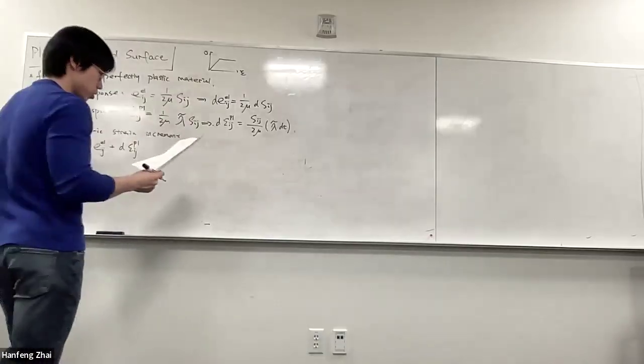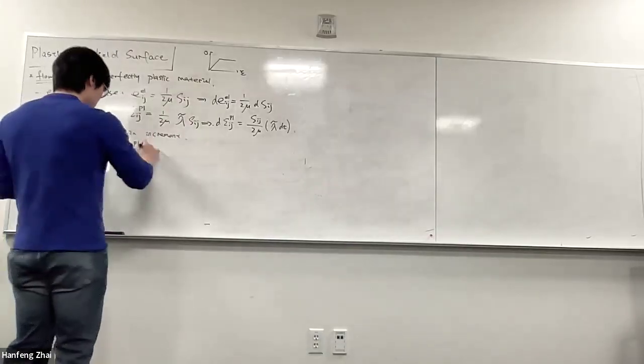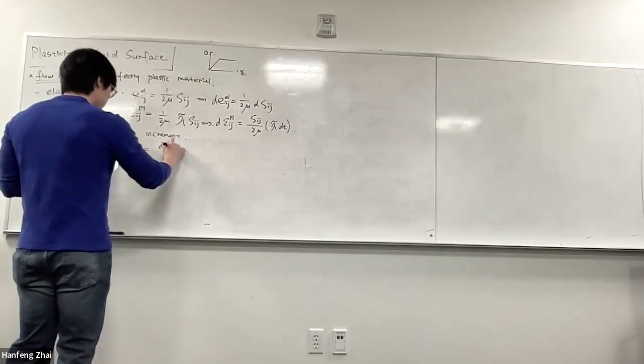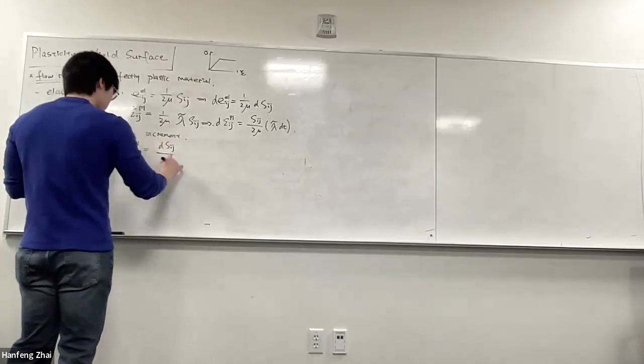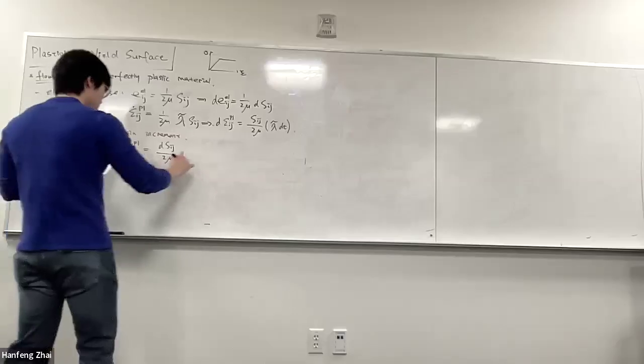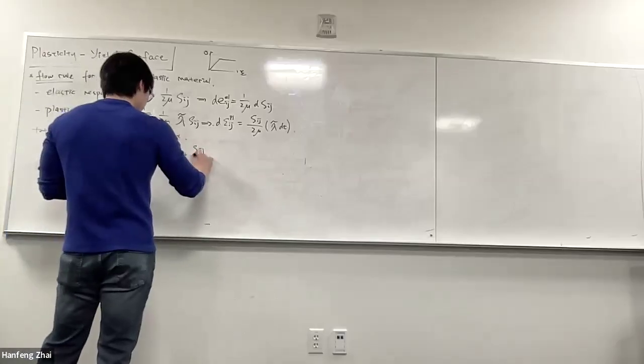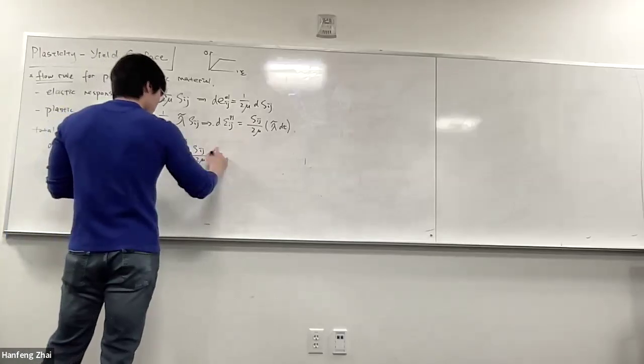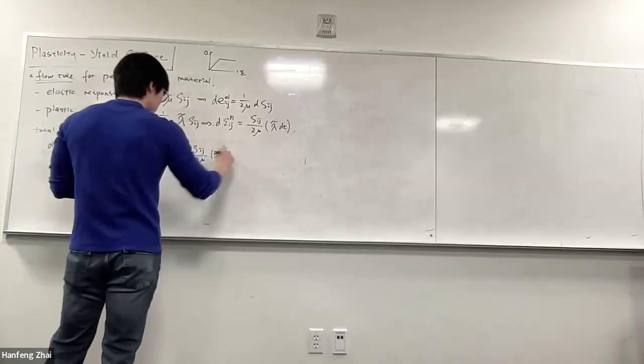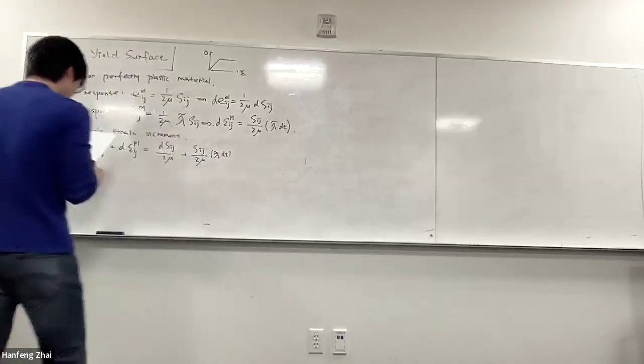And you literally just substitute the equation into the algebra, then you end up with ds_ij, the deviatoric stress component, over 2 mu plus S_ij over 2 mu, and then just plug in this formula for dt, because you're doing strain rate.